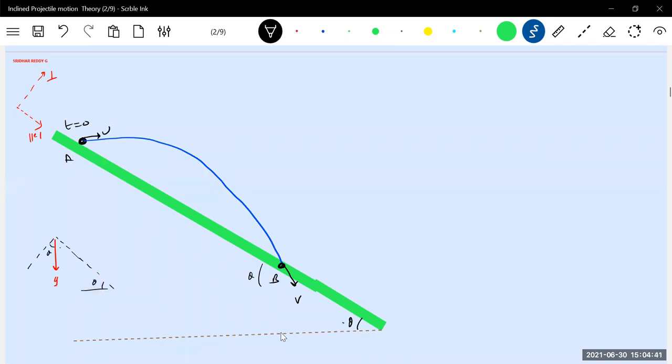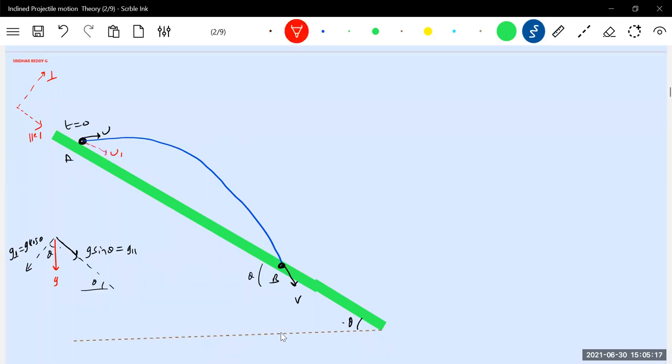So this should be g sin theta, and this one will be g cos theta. The g sin theta is along parallel, and g cos theta is along perpendicular. All the velocities, everything, we will analyze parallel to the incline and perpendicular to it. Similarly, the velocity vector also we will resolve.